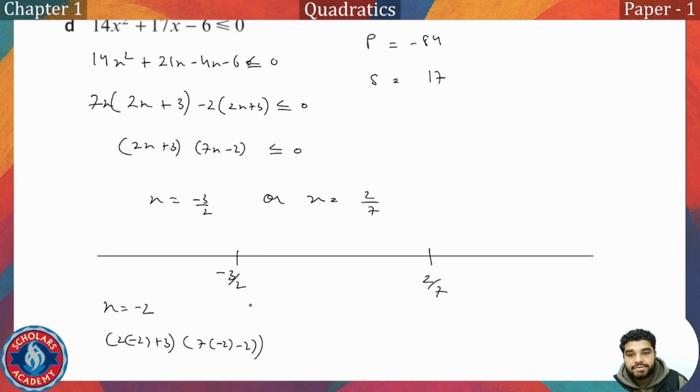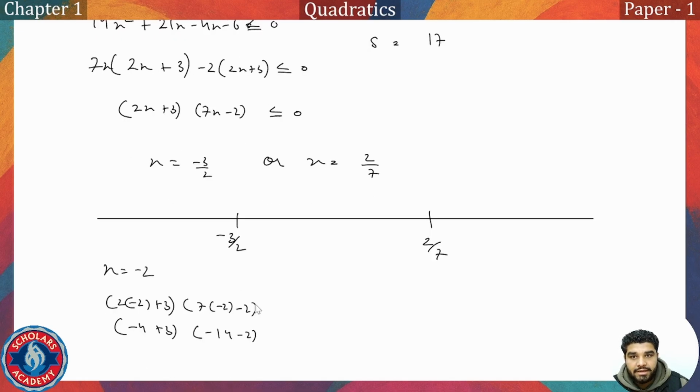So this gives us -4 plus 3 and -14 minus 2, right? And if I simplify it, I get -1 times -16, that is equal to 16, right? And this value is greater than 0. So we'll not take this interval.